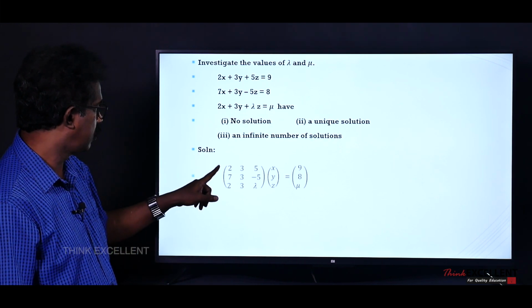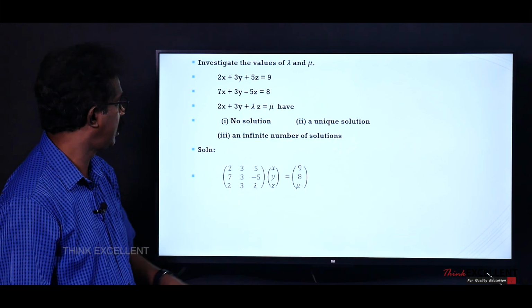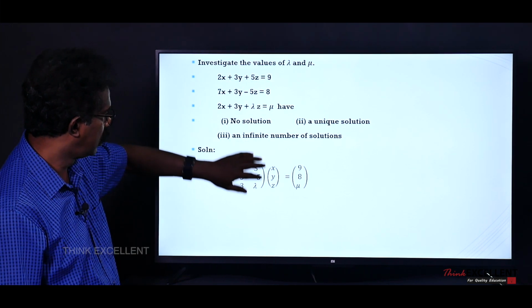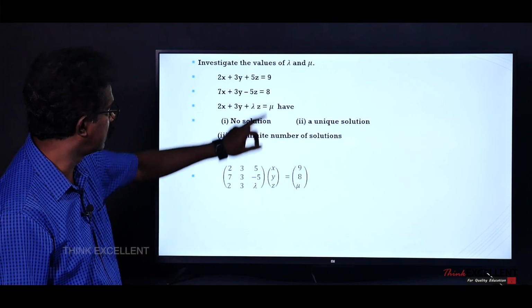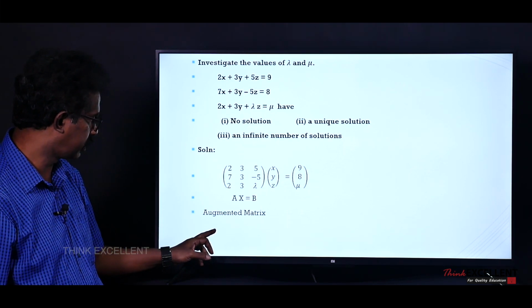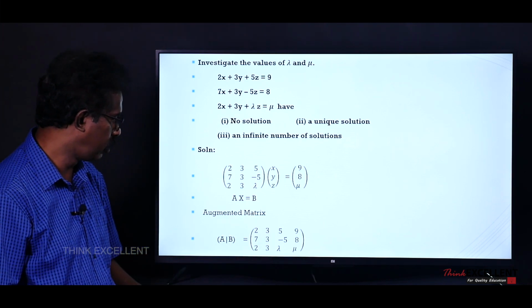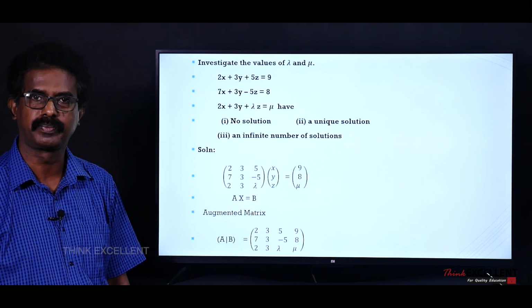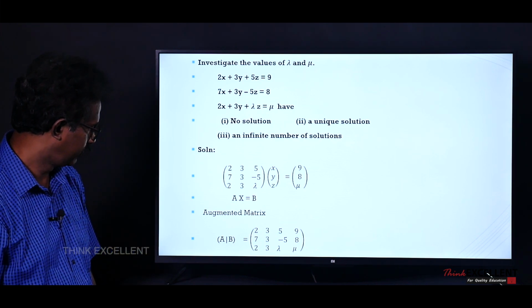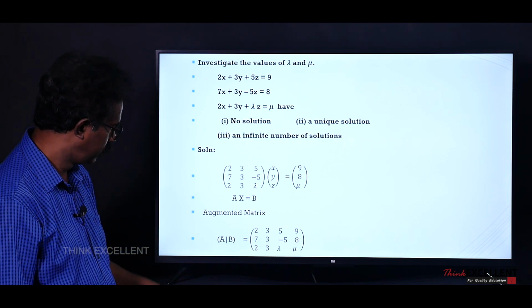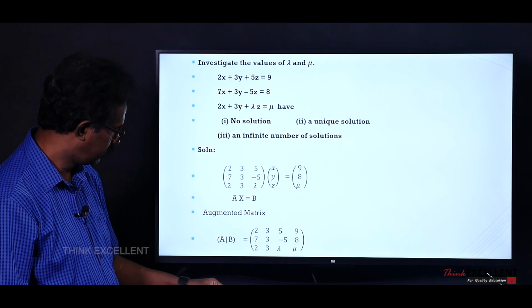So first you write the matrix equation Ax equal to B. A is the coefficients, the unknowns are x, y, z, and the constants are 9, 8, mu. Next you write the augmented matrix. Now, first row, first element 1. How can you make this number 1? 7 is here.